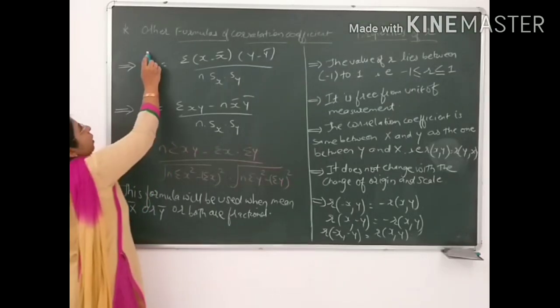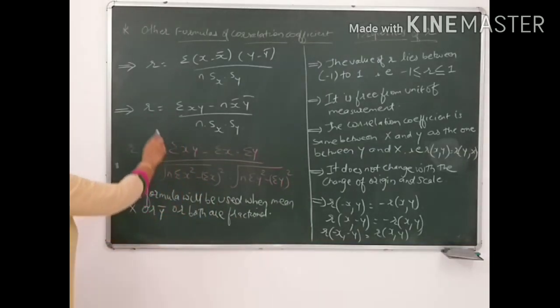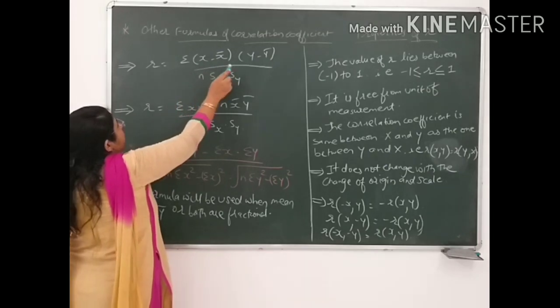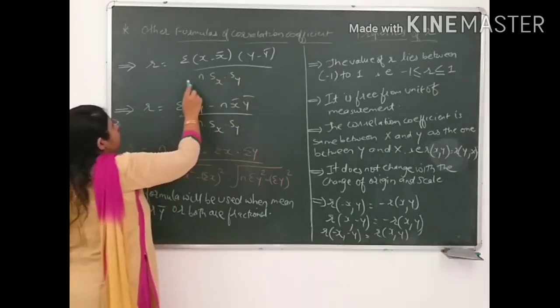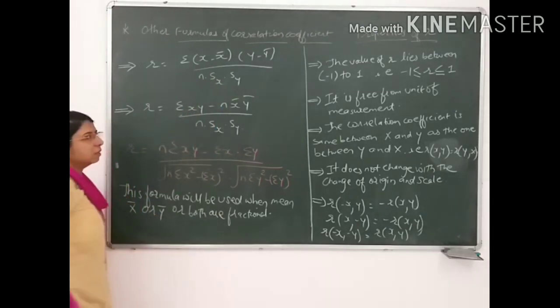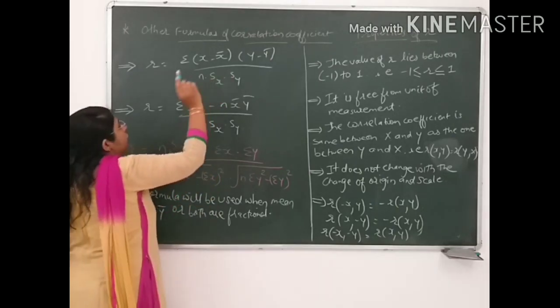Now we should understand other formulas to find the correlation coefficient. The first one is r equal to sigma x minus x bar, y minus y bar, upon n into Sx into Sy. Sx means standard deviation of x, into standard deviation of y.